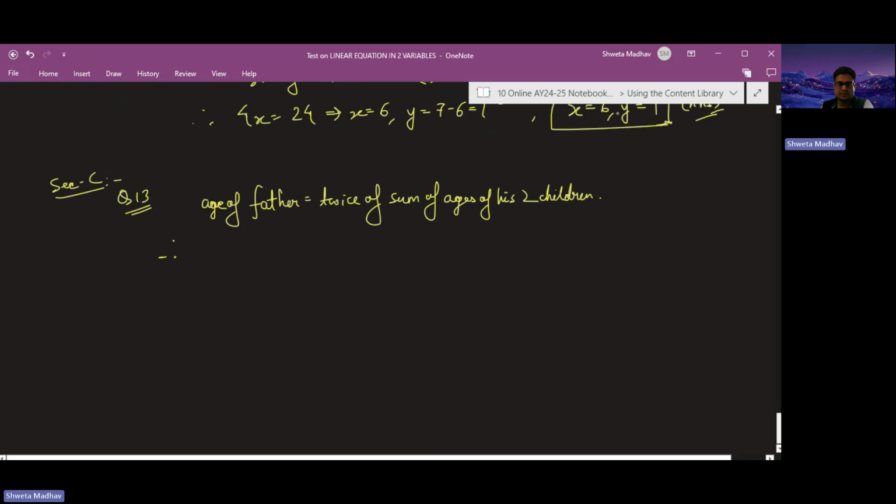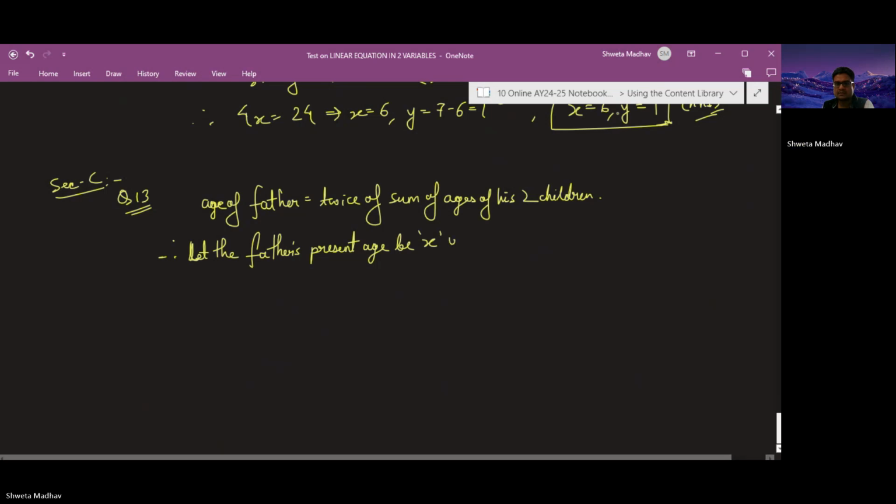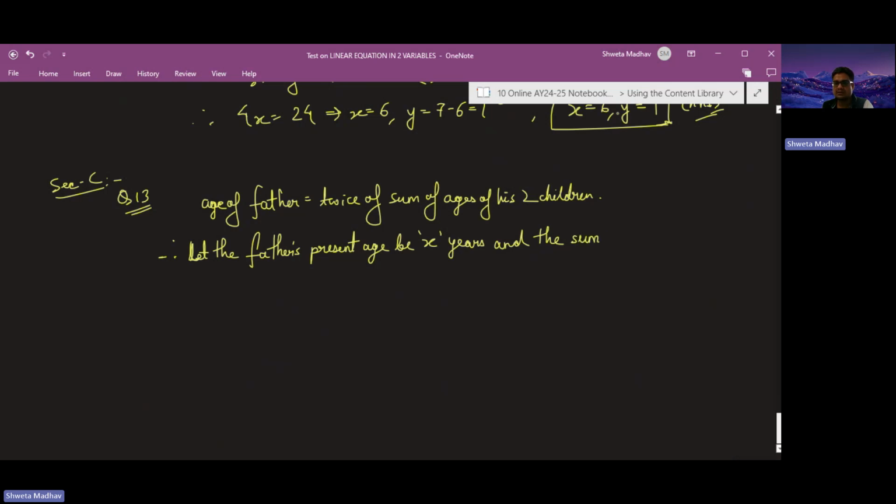Now therefore, let the father's present age be x years, and the sum of the present ages of his two children be y years.